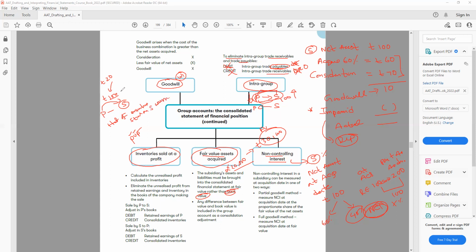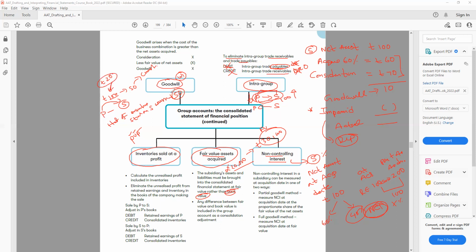That means out of 100, they sold 50 pound to the customer. If they sell it to the customer, there is no problem because money is coming from the outside of the organization. But if they cannot sell it, if something is on the warehouse, for example, 50 pound goods is still on the warehouse, that means out of 100, the profit was 20.